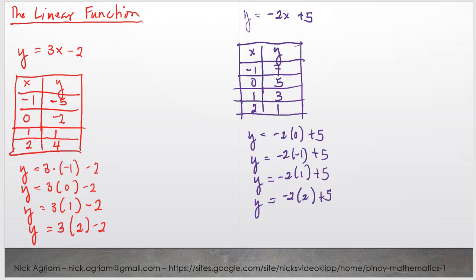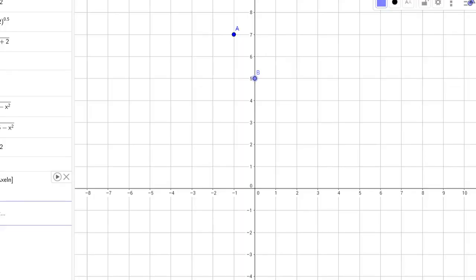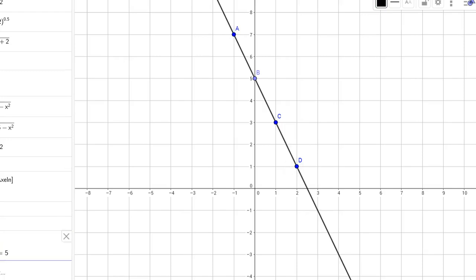And then 1 and 3. And then 2 and 1. If I'm going to connect those lines, then I have a straight line.